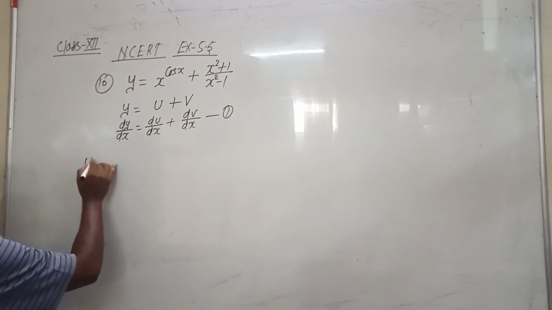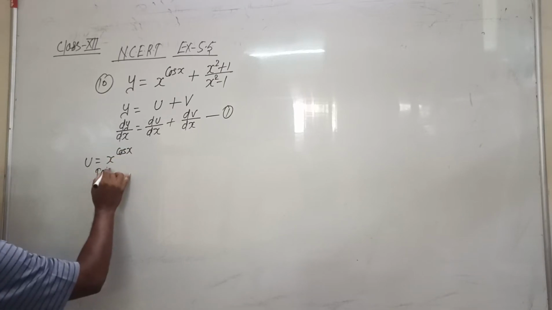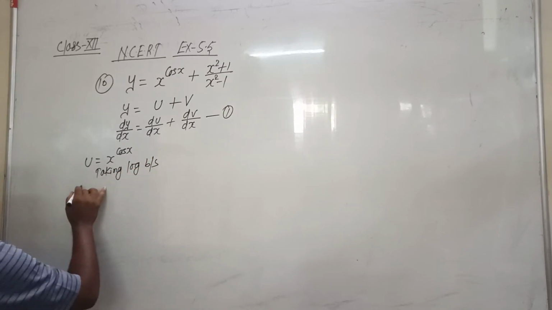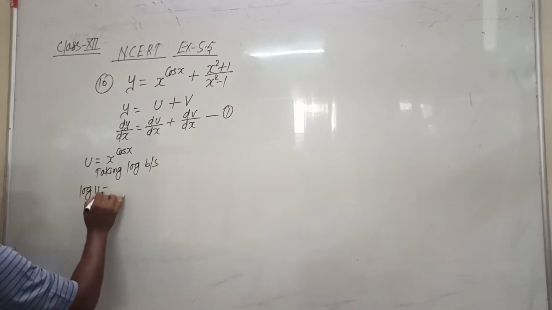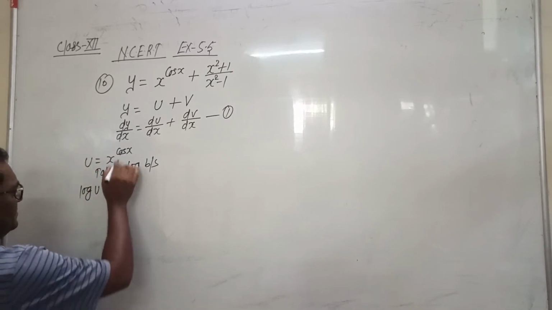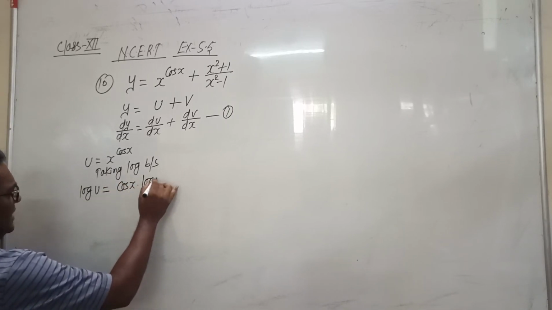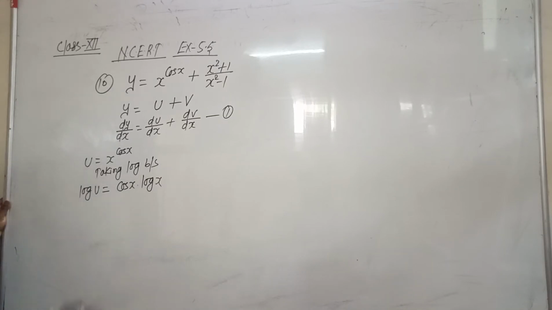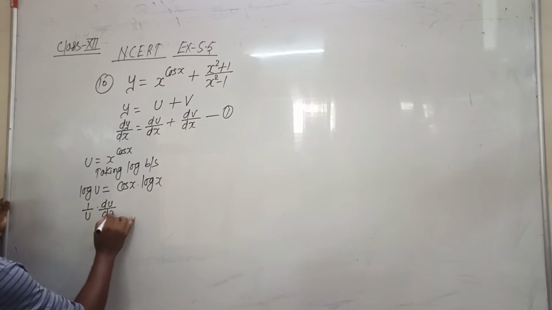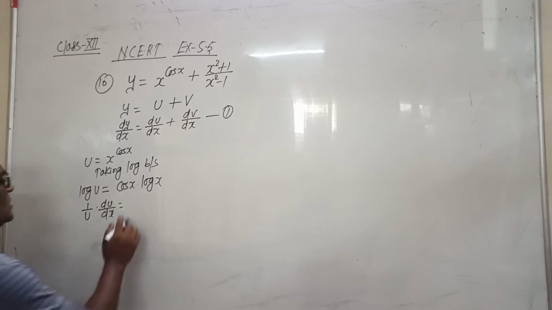Now the value of u is x raised to the power cos x, taking log both sides. So we get log u equals cos x log x, as the power comes in the beginning. Differentiation of log u is 1 by u du by dx, and the right side will be differentiated on the form u into v.